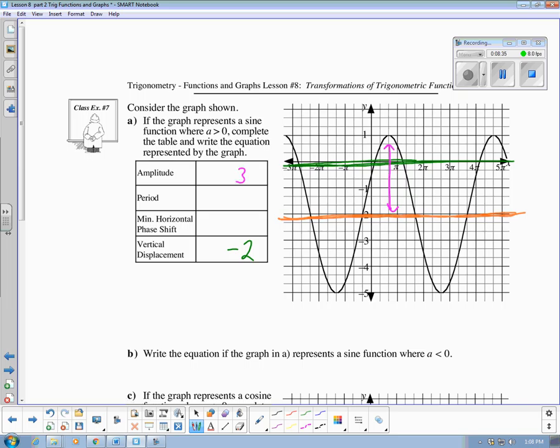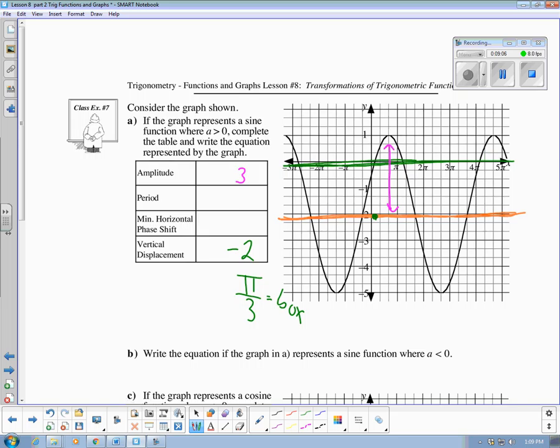We want to look at the horizontal phase shift next. Taking a look at where my graph starts, my graph should have started on the axis, but it started 1 box over. What's 1 box worth? It looks like my pi value in that first scale derivation has been cut by 3. So every box is worth pi over 3.